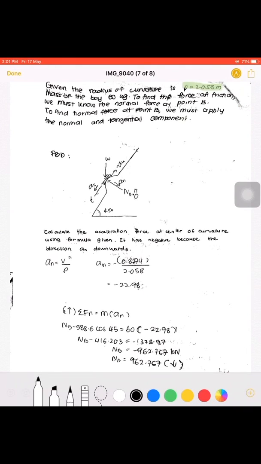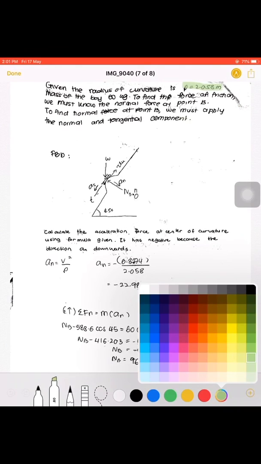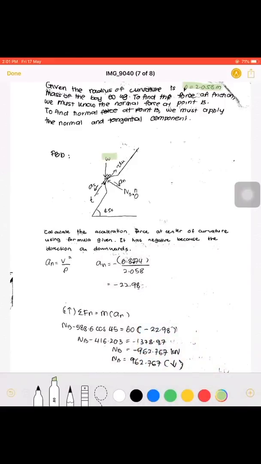After we get rho, you can see the FBD: weight acting on the particle, friction in the direction opposite to the particle's motion, AT is the tangential direction of motion, AN is toward the center of curvature, and NB is acting on the buoy.